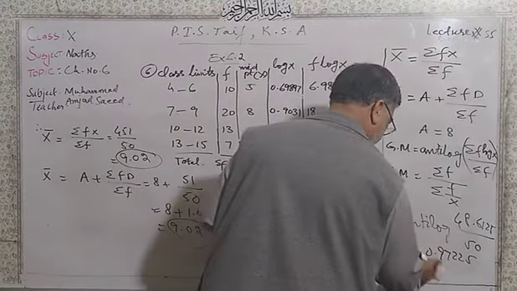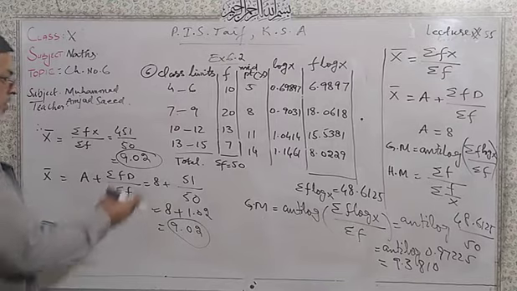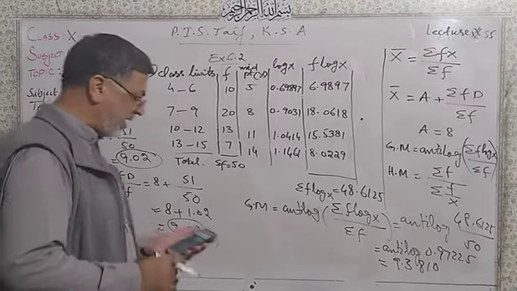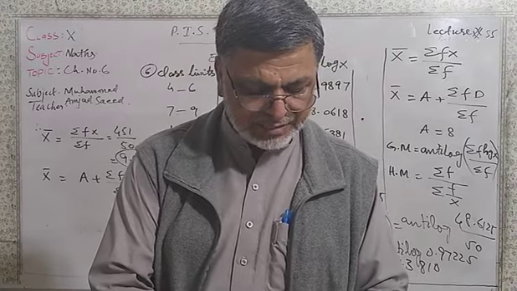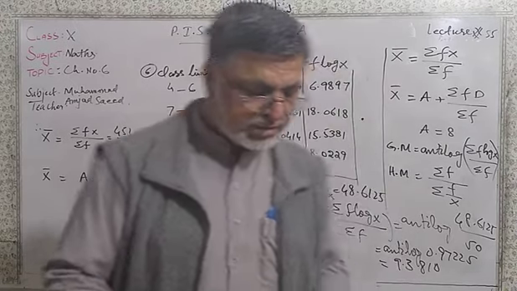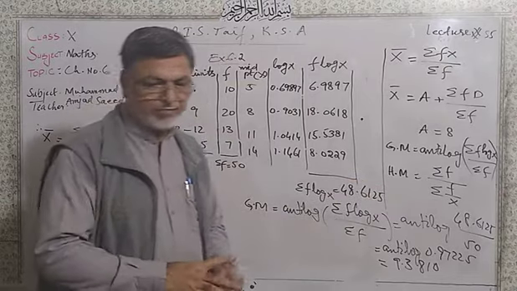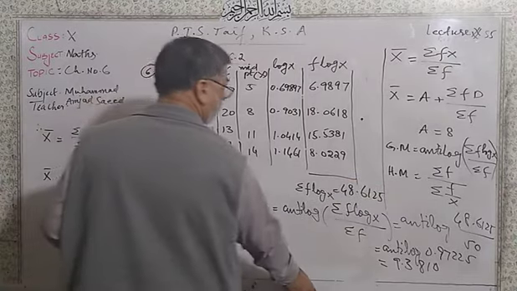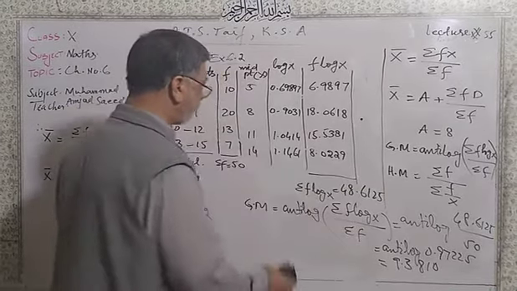Yes, 9.3810, that is your geometric mean. So dear students, you have seen that we have applied the formula of geometric mean and found the answer. After that, we need harmonic mean.